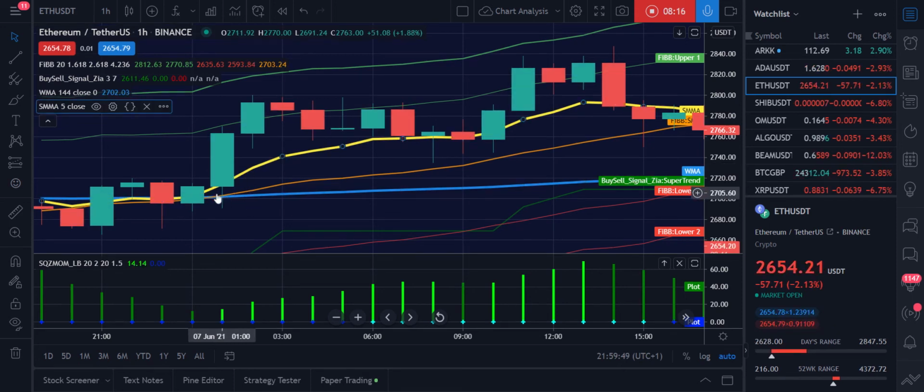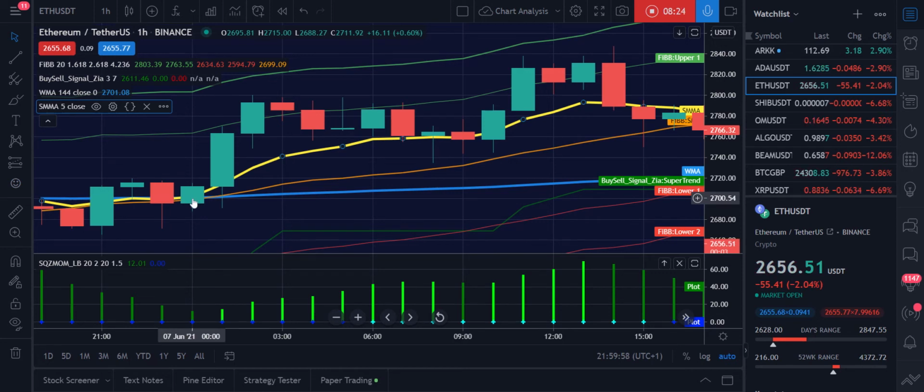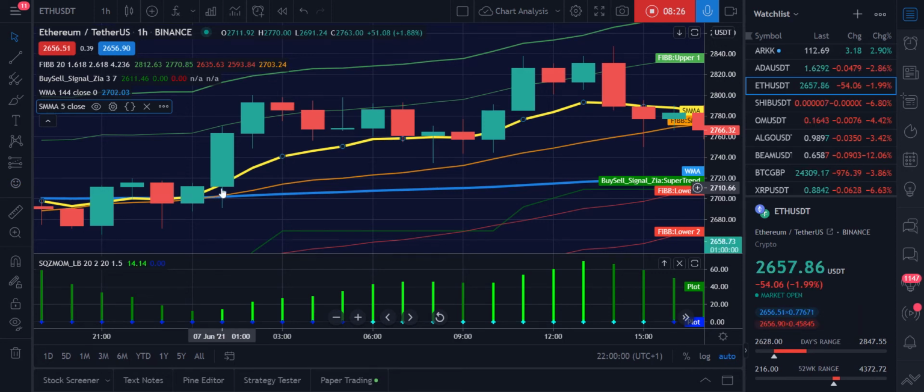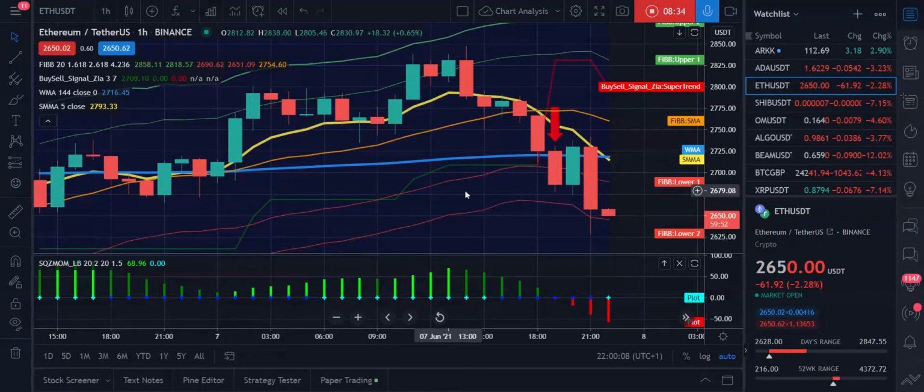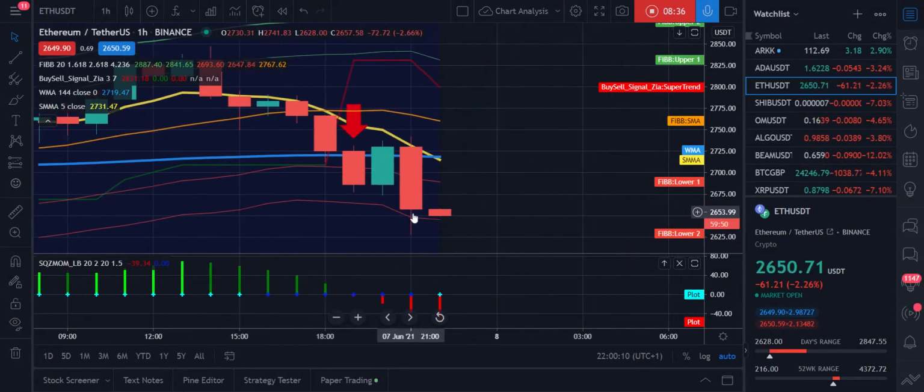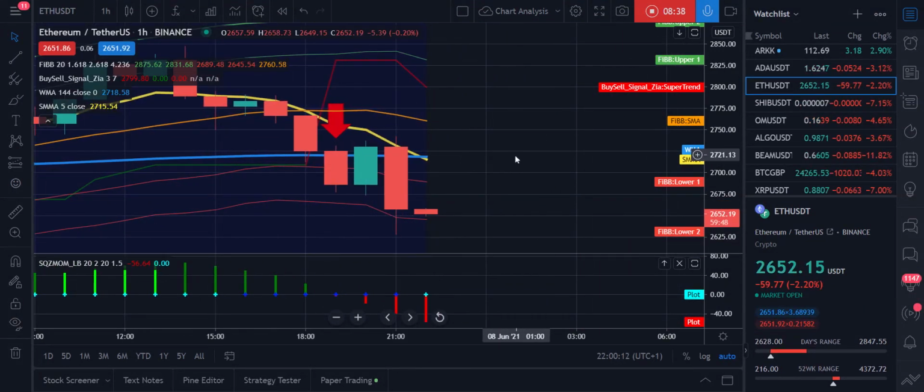The indication will be right here, because you know that the line has gone here, it crosses it, and then it continues to go up. This is where you want to invest, and you sell over this point, and you've already made money.